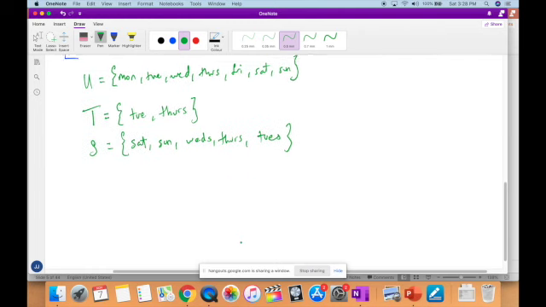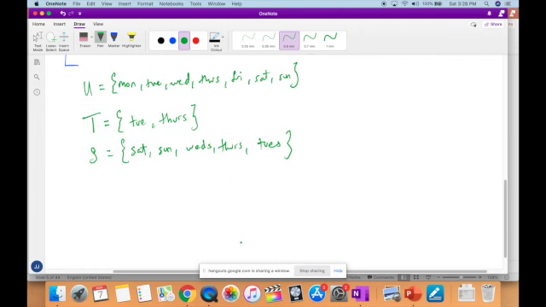So look at these guys now. You can see that I have different sets. The universal set contains all of the elements. Is it cool to say that the set T is inside the universal set? Would you say that the set S is inside the universal set?